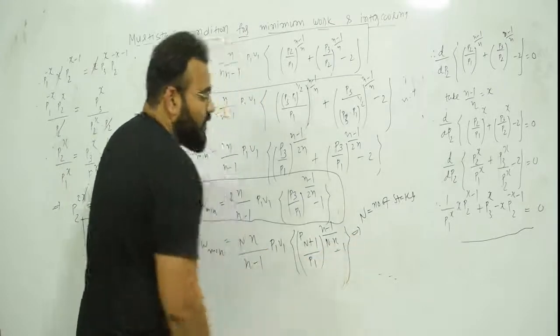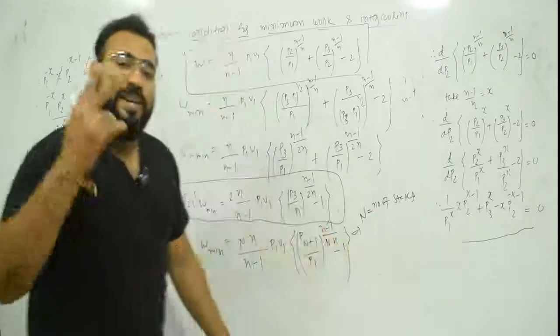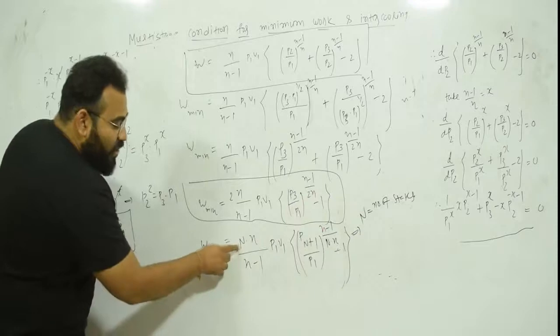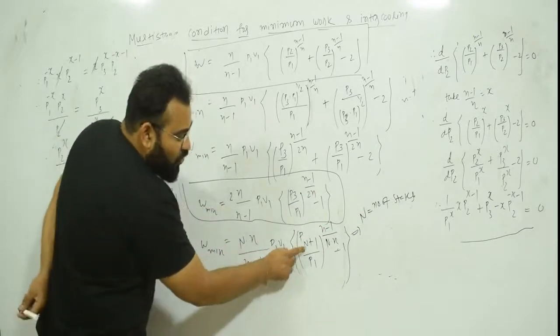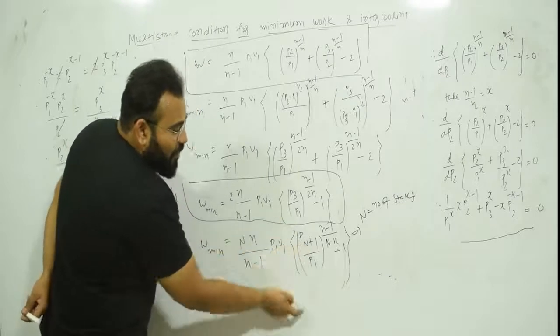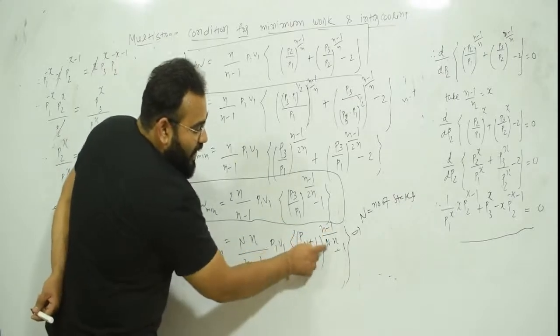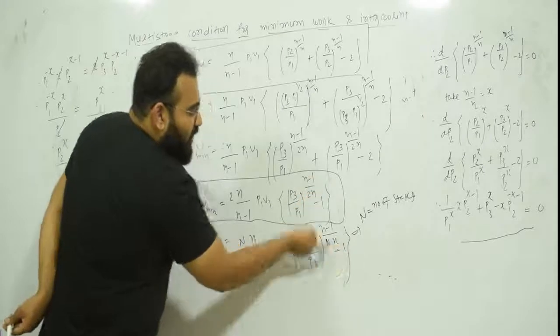This will be your equation where capital N equals the number of stages. So let's say for two stages, put N equal to 2, so it will be 2n upon n minus 1 p1 V1, put N equal to 2 plus 1 is 3, so p3 upon p1 raised to n minus 1 upon 2n, minus 1. So it will be the same.